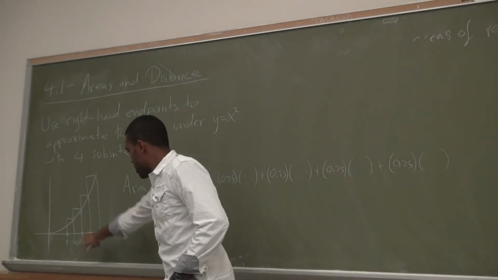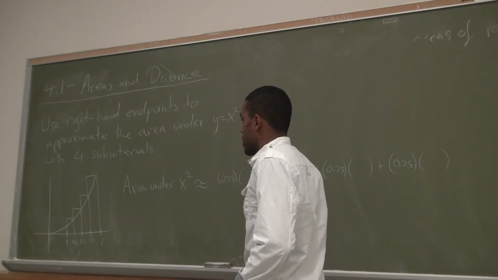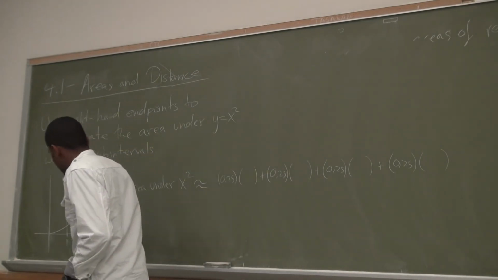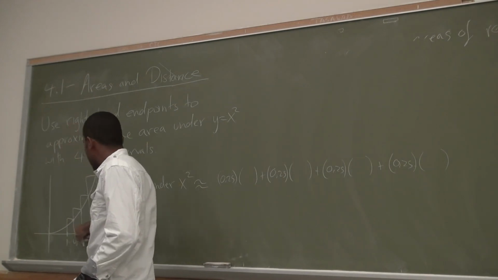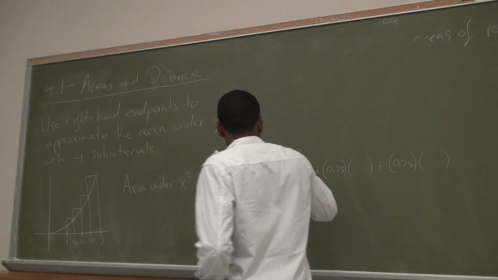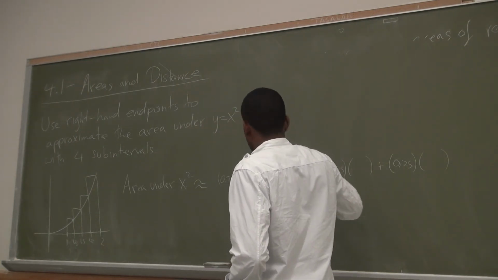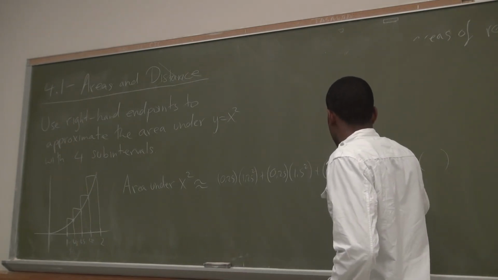Now the height of the first one is going to be what? How do I figure out the height of this rectangle? By the y value, right? All I have to do is find the y value corresponding to this point, and that's the height. So this is going to be 1.25 squared. And this would be 1.5 squared. This would be 1.75 squared.